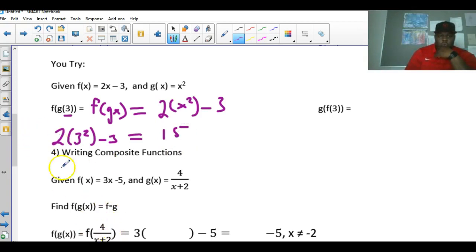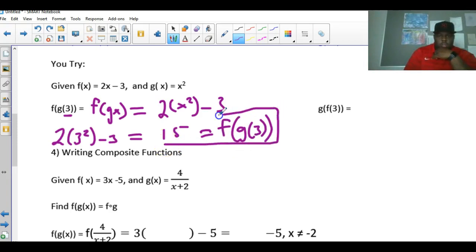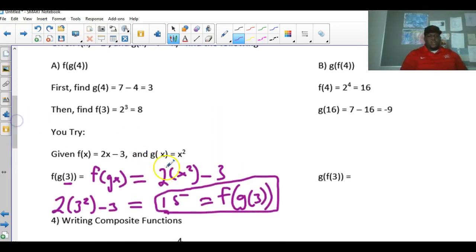So f of g of 3 equals 15. Again, just for the sake of it, I'm going to show you the other way.